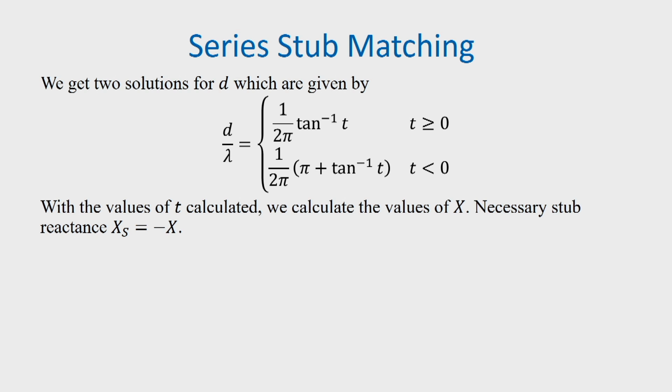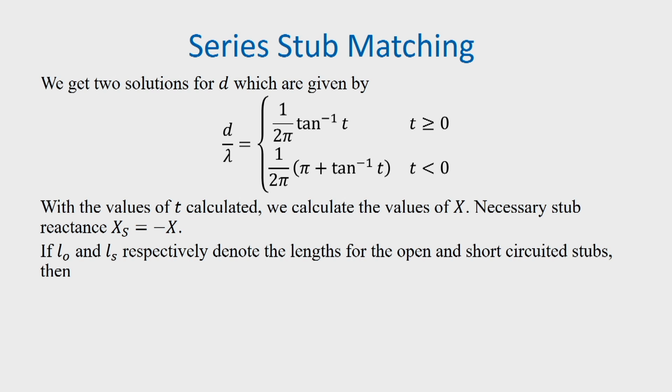Now, as we have already said, the stub can be realized either as an open circuited stub, or as a short circuited stub. So, let us denote LO as the length of the open circuit stub, and LS denotes the length of the short circuited stub.